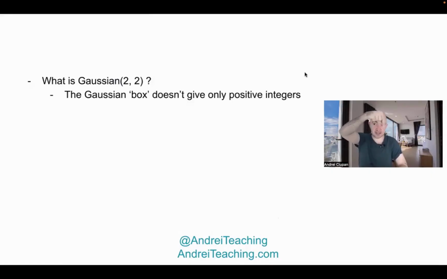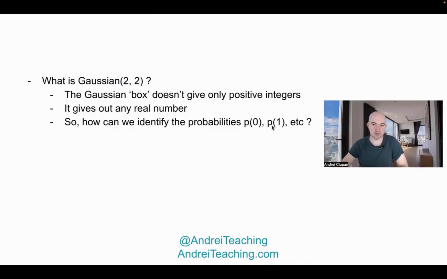It can give any real number. So it's a bit more difficult to identify P of 0, P of 1, and so on, because now we don't have just these particular values 0, 1, 2, 3, and so on. Any real number can appear as a result of pressing the box.